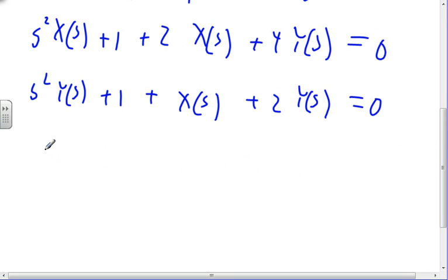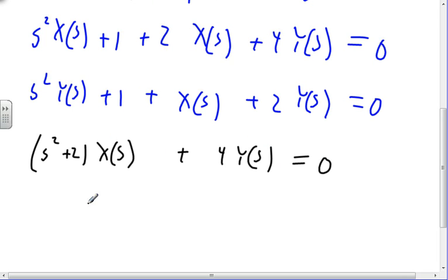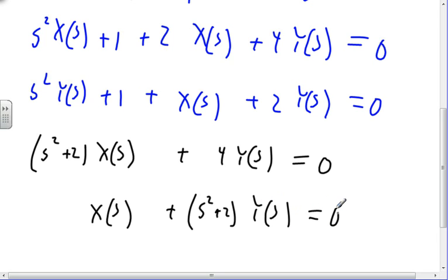Okay, so I've got s squared plus 4, no, s squared plus 2. Okay, so I'm going to have to get my head in the problem so I don't mess it up too badly, because if I mess it up too badly, there's no way we're going to get the right answer. Is equal to 0. And then I've got x of s plus s squared plus 2 y of s is equal to 0.